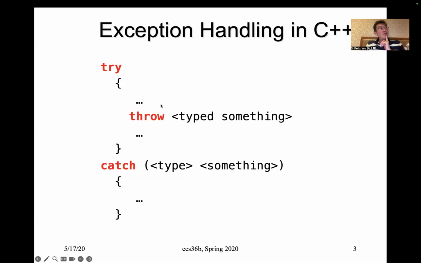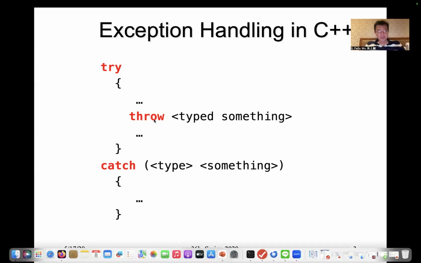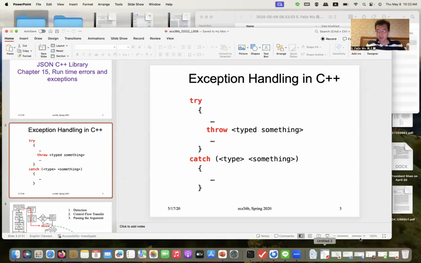What is uncatchable? Can I make it uncatchable? Oh yeah, I can make it uncatchable. Let me do this. Let me see if this works. Let's go to label GPS. Where's my code?